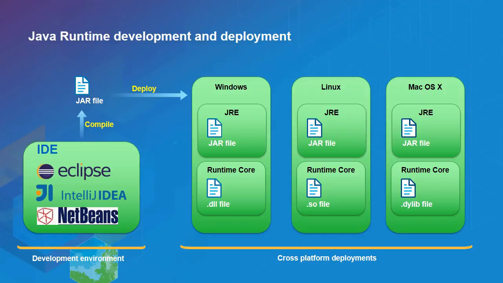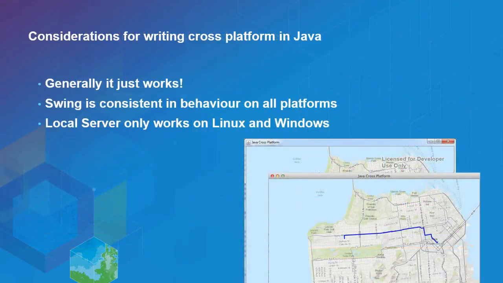Together, that jar, along with the runtime native DLLs for those specific Windows, Linux, or Mac OS, your application just runs. So your Java code loads up in the JVM for any of those systems, and the native libraries are there, whether they're DLL files for Windows, shared object files for Linux, or dylibs for the Mac. So that's pretty much the straightforward way of development and cross-platform deployment with Java runtime.